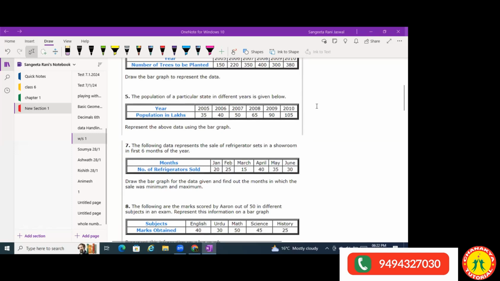Children, whichever question you are doing, please write down the data first as it is written in the question, okay? Because I will be scrolling the screen, and for every child I cannot go up and down, no? So please note that down.